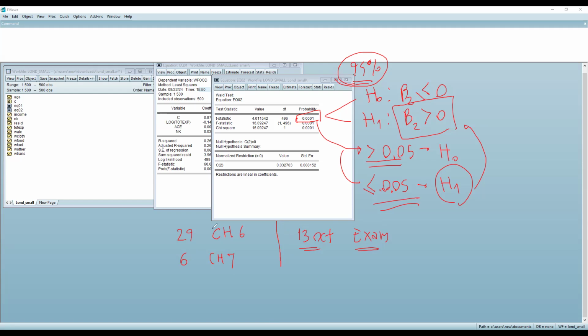Okay, so the exam will start with the printout. You will print out, and I will ask you several questions based on those printouts.